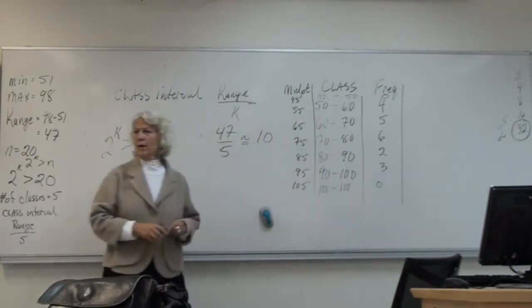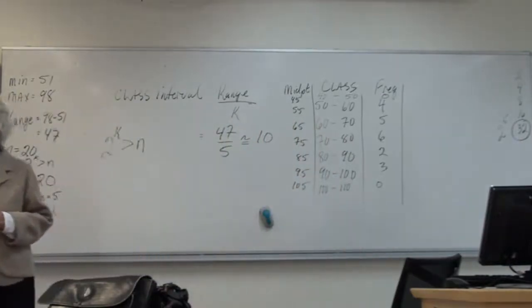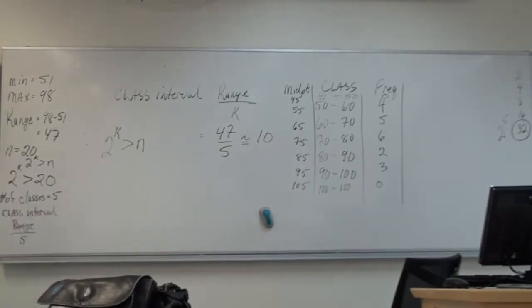Do you remember how to graph these? I'm going to put it in 2 and 3. I want you to be able to see the frequency polygon on top of the histogram. It allows you to graph as many pieces as you want.